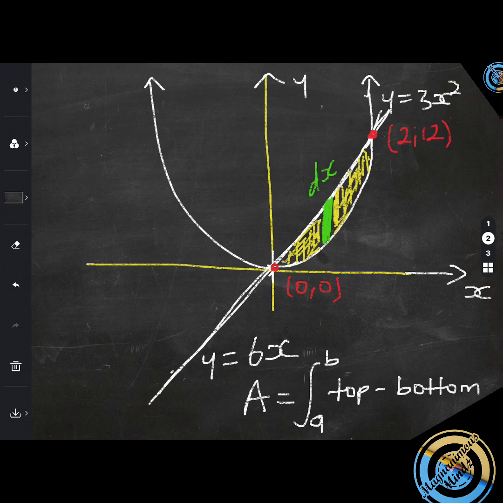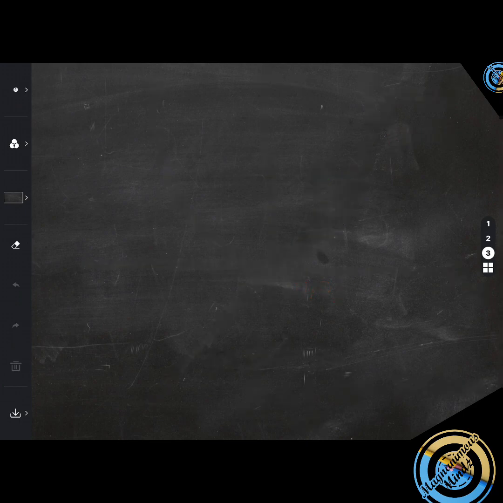What this means is that A to B are the limits, whereby the limits are going to be the point of intersection, from the bottom point of intersection to the upper point of intersection. And then top minus bottom means the top function minus the bottom function. So let's write the actual thing and see what we get.